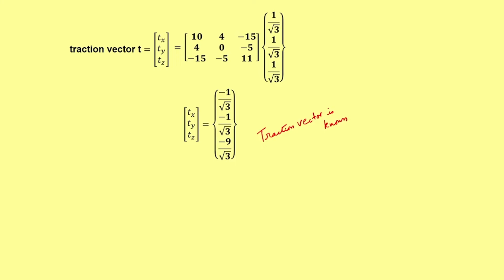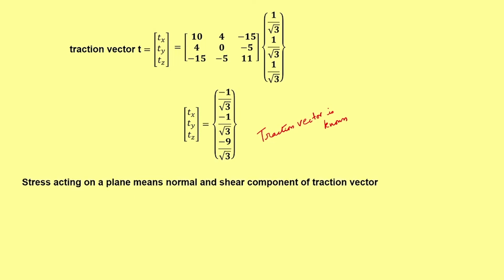known. Now, we need to find the normal stress. So, how do we get that? The stress acting on a plane means the normal and shear components of the traction vector. First, we will see how to get sigma normal, which is nothing but the transpose of the traction vector multiplied by the normal vector.